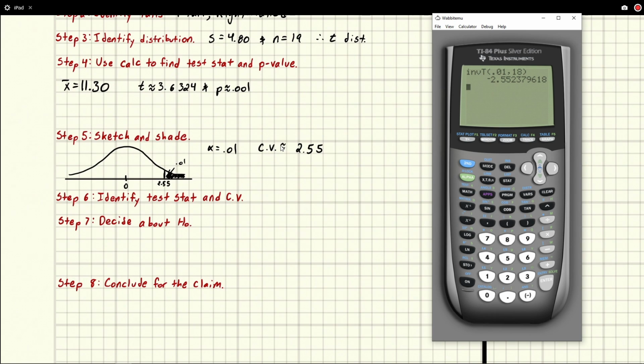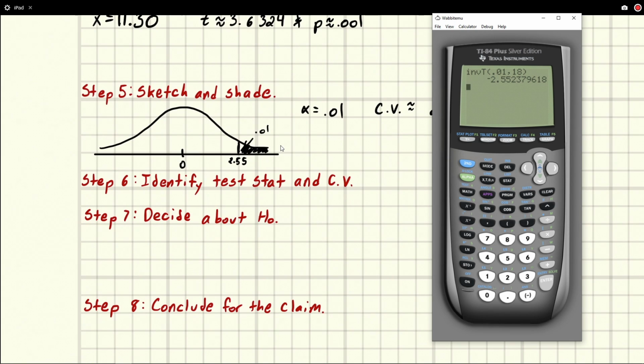Now, we can graph our test stat. That was 3.63 approximately. So the test stat, 3.63, lands in here. So that's in the shaded region, and that means that we are not very happy with our null hypothesis. We are very far away from it.